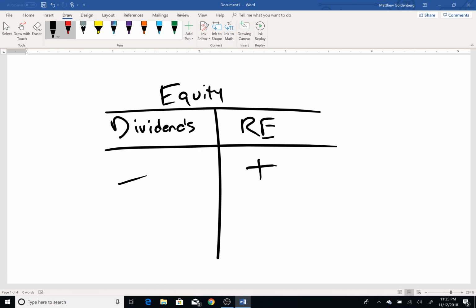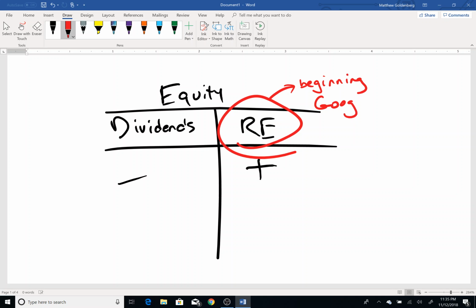Typically, what happens is new businesses do that. Beginning Microsoft did that. Beginning Google did that. Typically, when you're well established, you can start doing dividends. This is not a new business one.